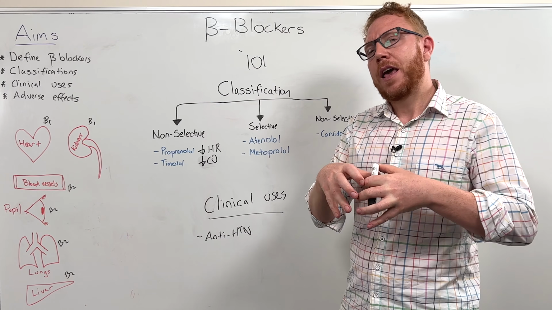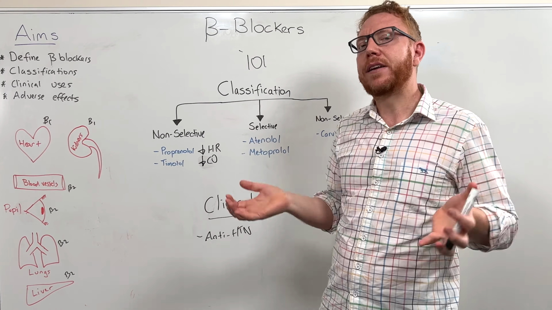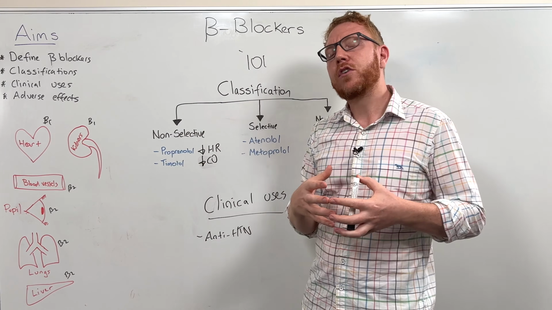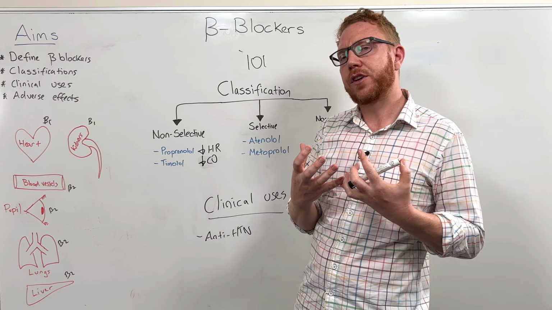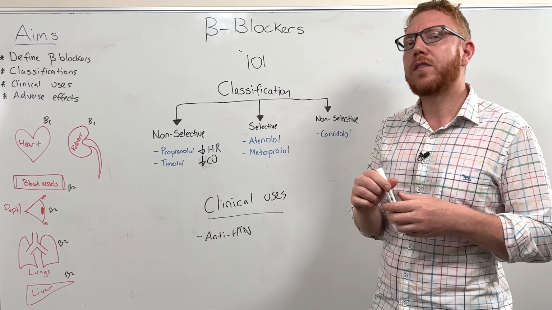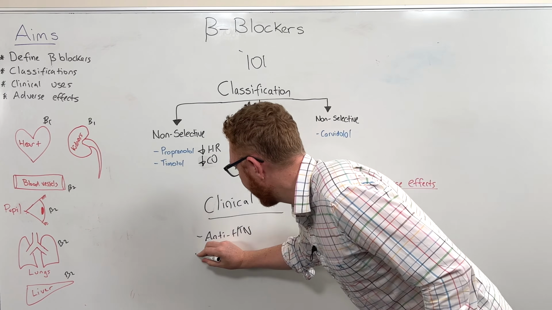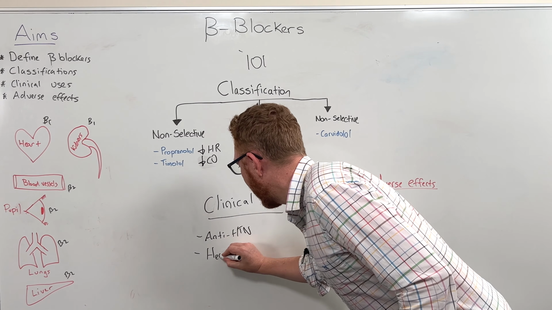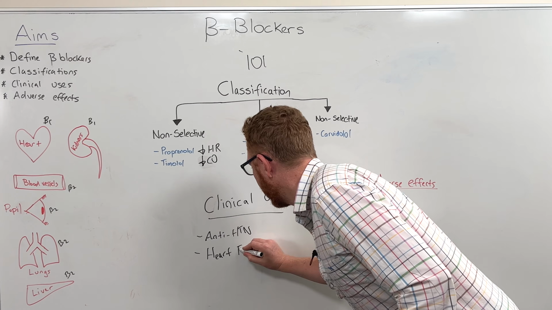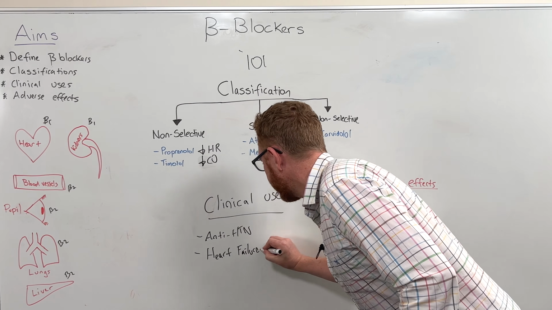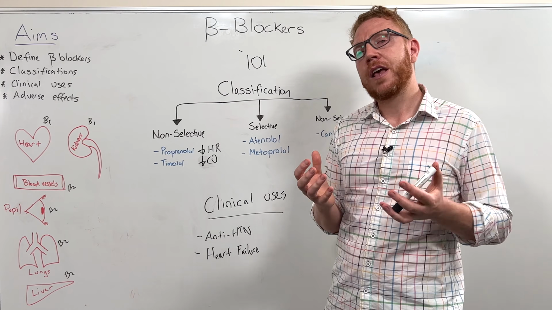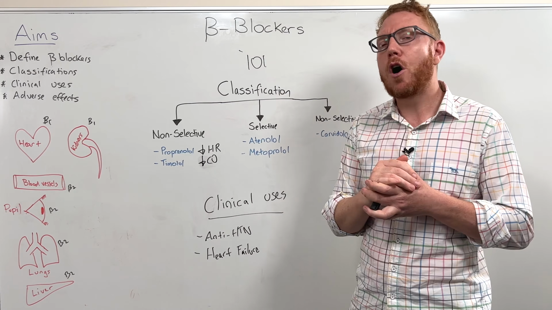Another thing that propranolol will do is, because it's slowing down the heart, it gives it more chance to fill and therefore a more powerful beat. And so propranolol can be useful in making the heart more efficient in its pumping. So it can be used in certain cases of heart failure, particularly when the heart failure is compensated well. By making the heart more efficient, it also decreases the demand of oxygen on it.